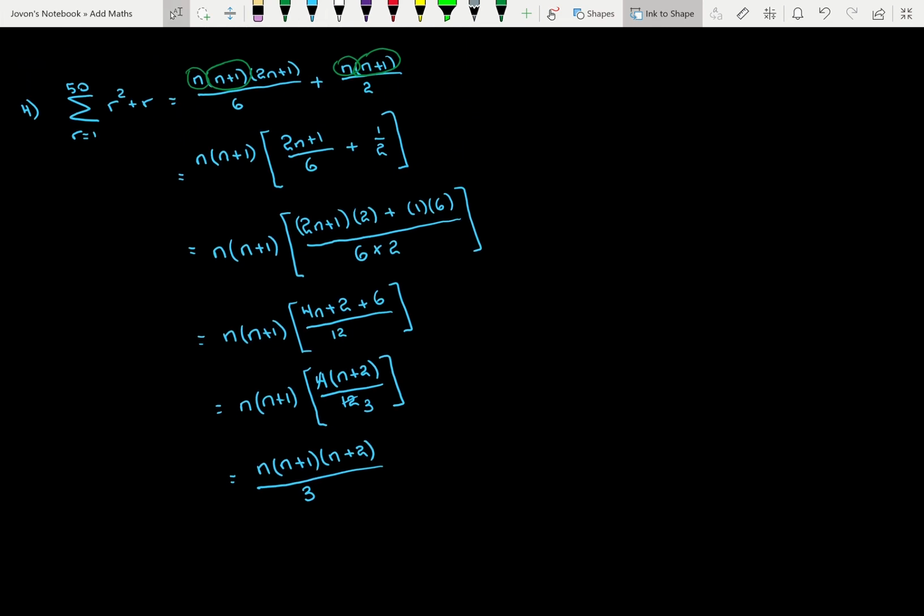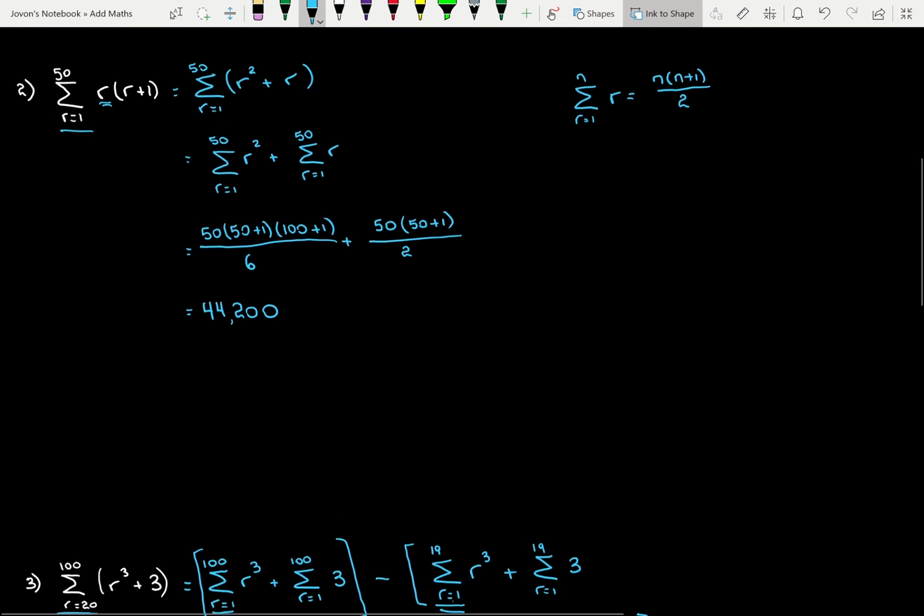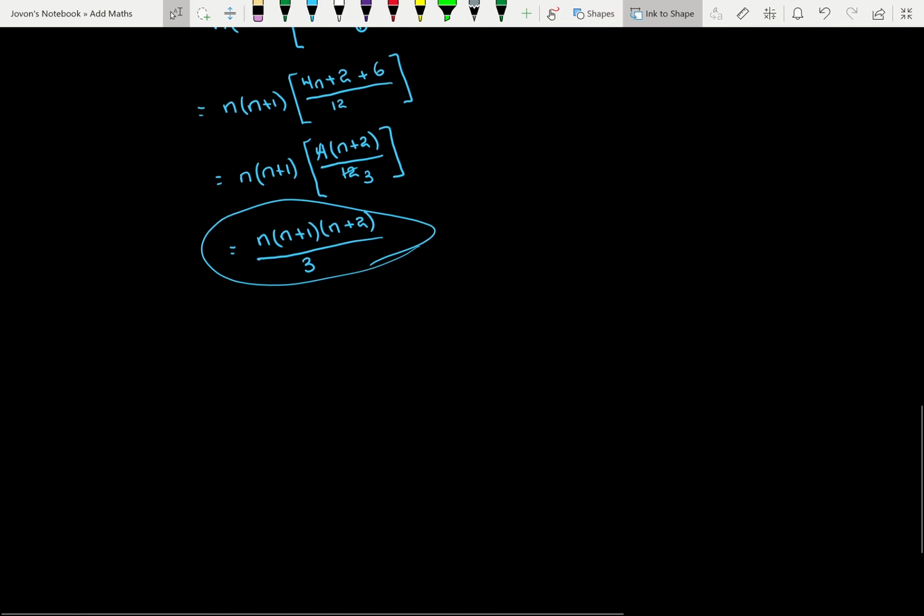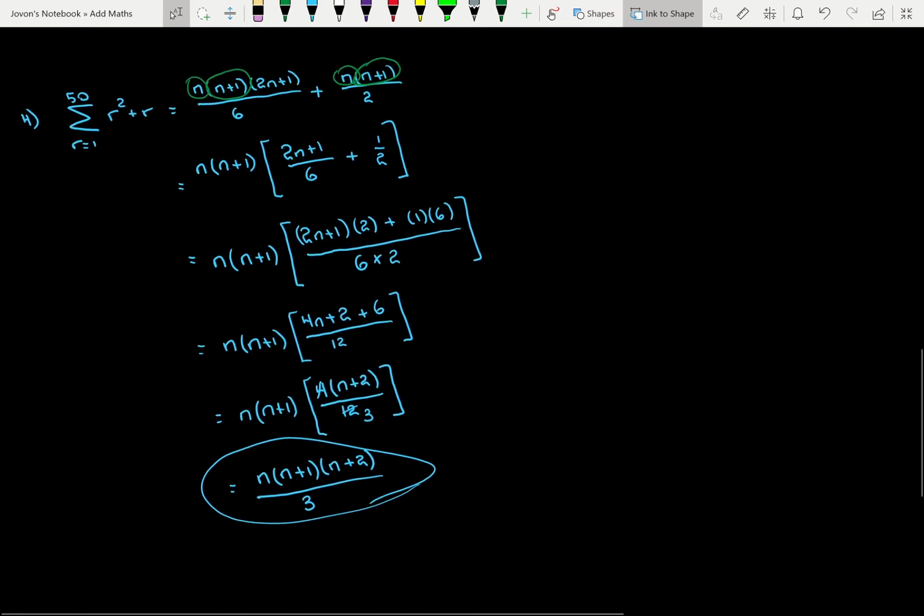So again, we could get the same answer if we take 50 and substitute it into this equation here. We're supposed to get the same answer that we got above. So if the question asks you to get the answer in terms of n, this is how you do it. Again, this part here proves to be the trickiest part.